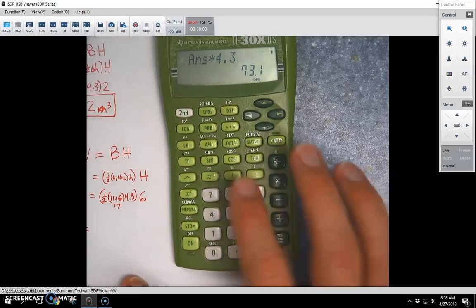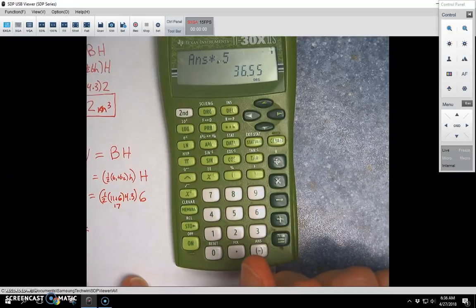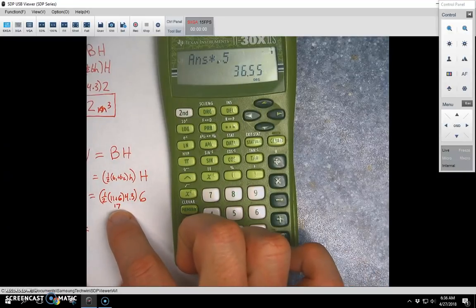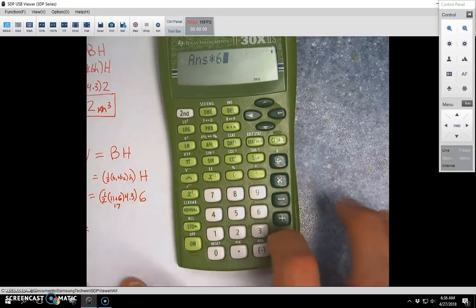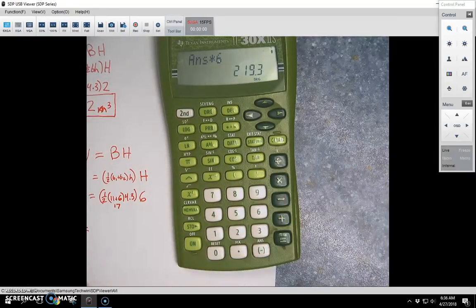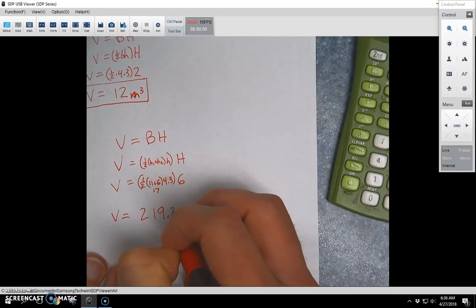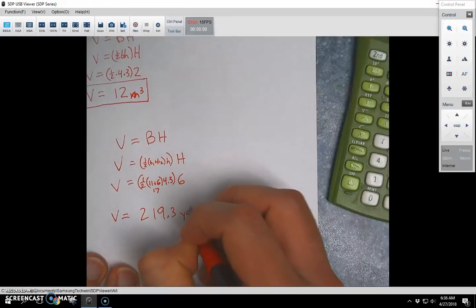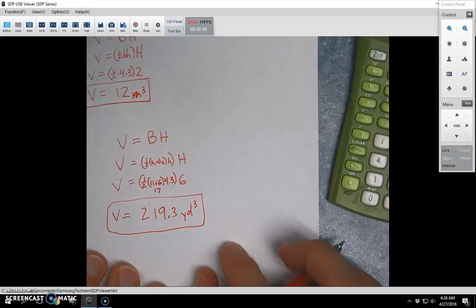Take half of that, so either divide by 2, or a lot of you are timesing by 0.5, which is fine. So I added them. Times by 4.3, I took half, and then I just have to times by 6. And I got 219.3. This is yards to the third power. Volume is always to the third power.